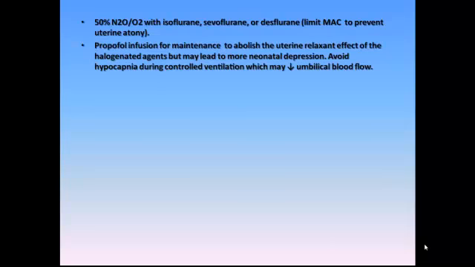We can use a propofol infusion to maintain anesthesia and to abolish the uterine relaxant effect of the halogenated agent. But propofol unfortunately may cause neonatal depression. We also have to avoid hypocapnia during controlled ventilation, which may decrease uterine blood flow.